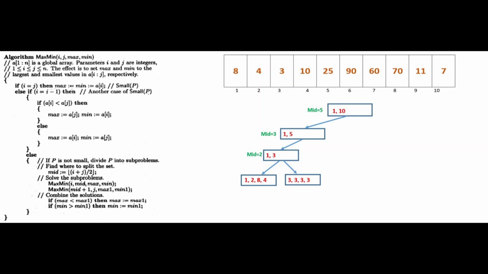In that algorithm, in the else block, we complete 2 recursive calls. The first recursive call goes to the left subtree, and the second recursive call goes to the right subtree. We complete those 2 recursive calls.